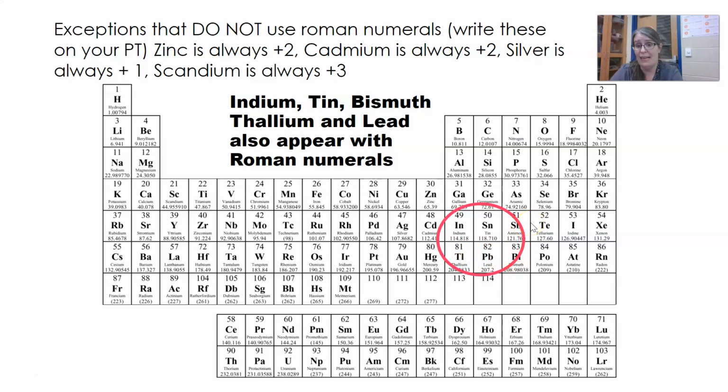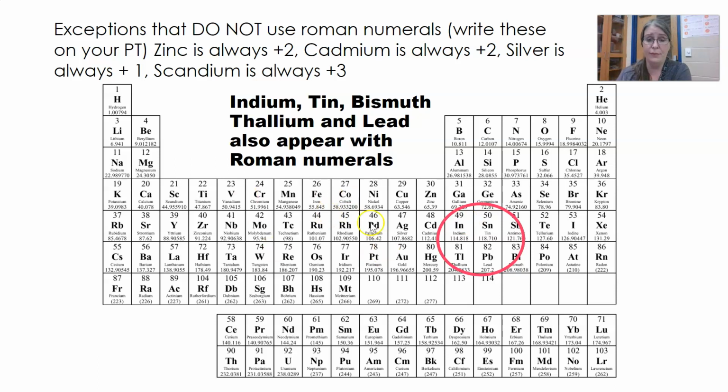Well, that's because antimony is a metalloid. So in fact, it does sometimes use a Roman numeral, but sometimes it uses the rules for something which is covalent, because metalloids can act like metals or non-metals. So I don't want to make a rule that antimony must always have a Roman numeral, because maybe not.